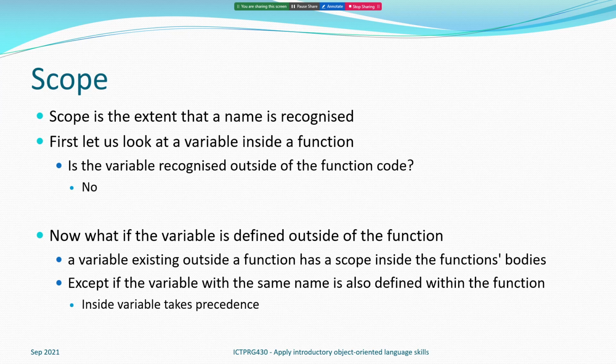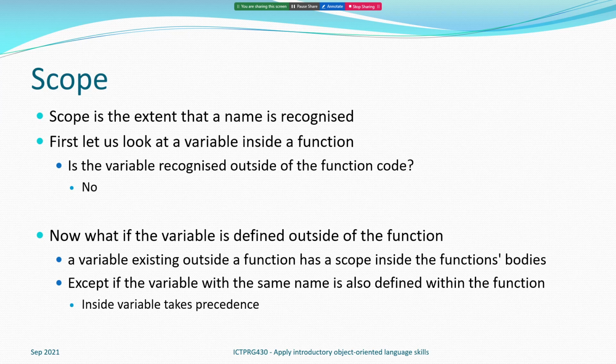So scope is the extent that the name is recognized in the program. Under general rules, any variables used inside a function are not recognized external to the function.